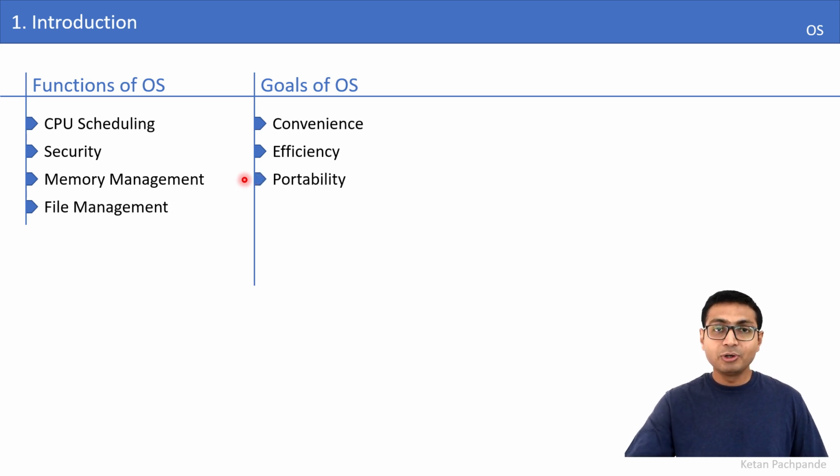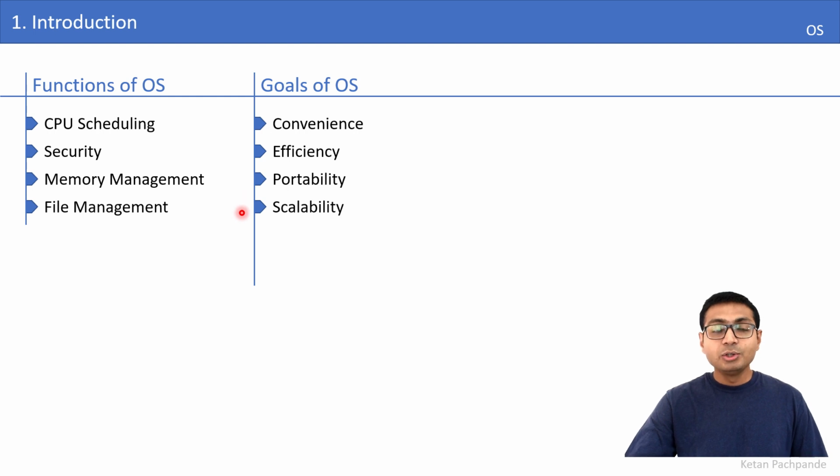The third goal is the portability, meaning that the operating system should be able to be installed on many hardwares. For example, Android operating system can be installed in Samsung mobile also, and can also be installed in some MI mobile also, right? Different companies can use the same operating system. That's because that operating system has provided the support for those hardware.